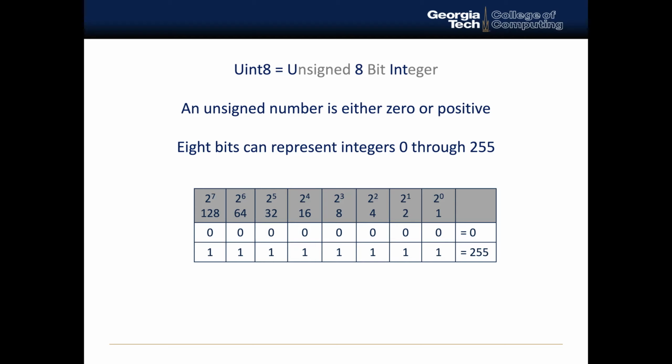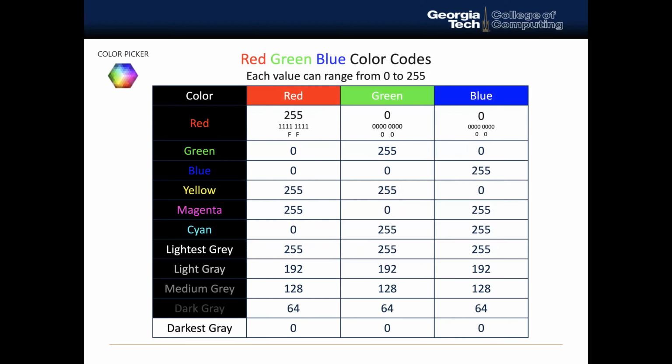And so that means that we can pick between 256 different values for each RGB component. And so this allows for various values that can be used to determine a color.